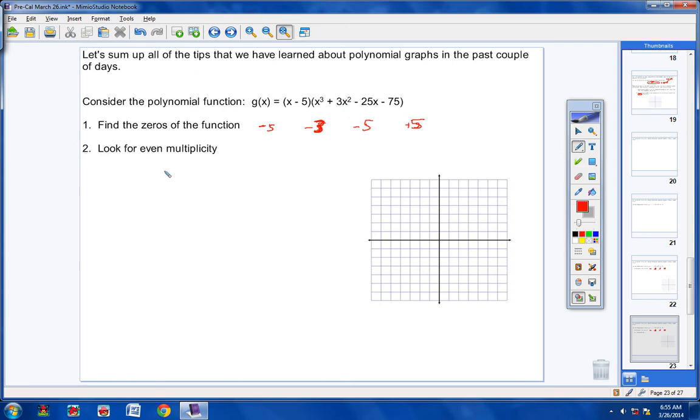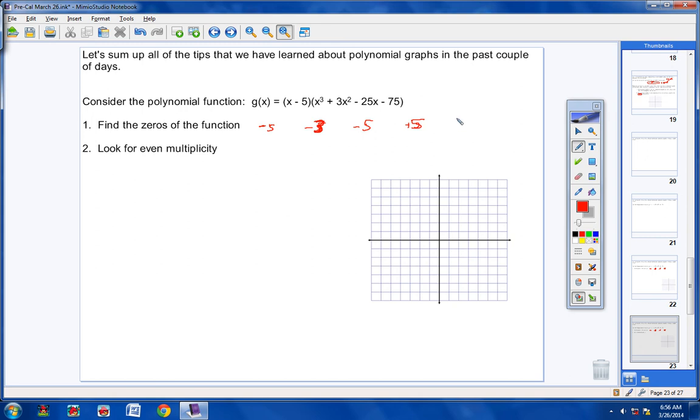let's talk about multiplicity. We know we have even multiplicity, right? We know that right here. And so make note of here off to the side. Notice we have negative 5 and negative 5, 2 times. That's an even multiplicity. So we know that negative 5 has a multiplicity of 2. So we know at negative 5 on the graph, the graph is going to be tangent to the x-axis. Okay?